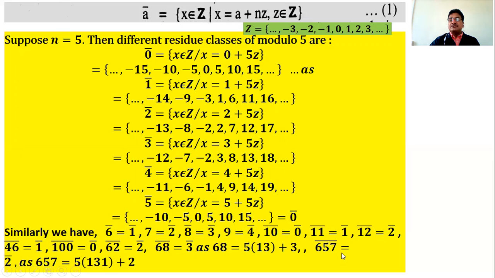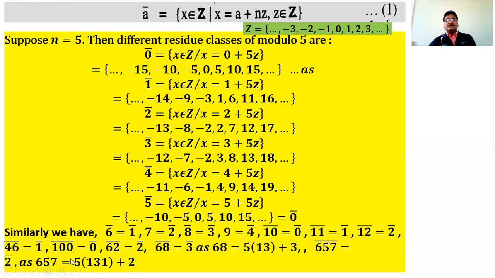What is 657 bar? It's 2 bar. Why? Because if you divide 657 by 5, using a calculator, the answer is 131 point something. So this is the division algorithm theorem. Ignore the decimal part, and then 131 is the quotient, and 657 minus 5 times 131 is 2.